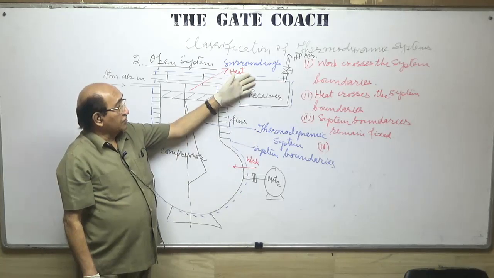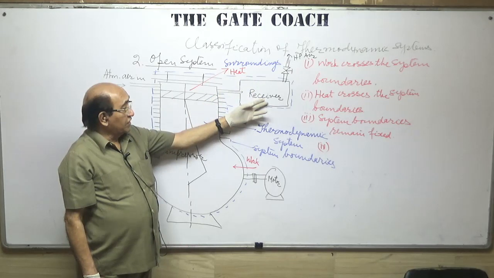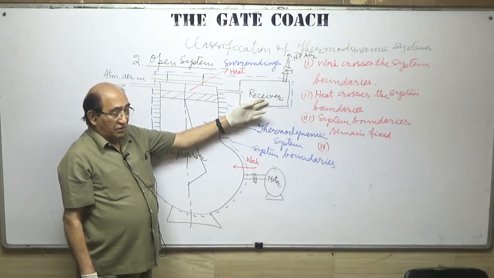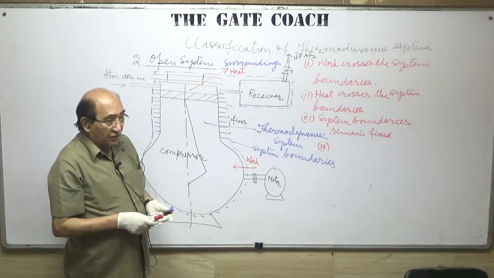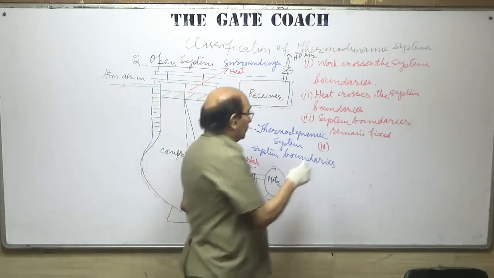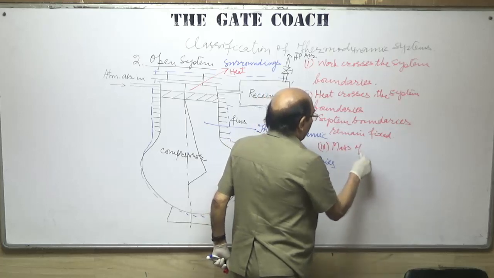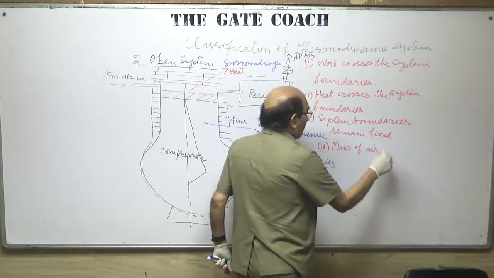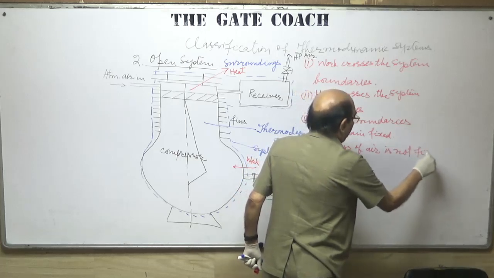Then a truck is there. That means at any state, the amount of air collected in the receiver is not fixed. It keeps on changing depending upon the frequency of the usage. So mass of air is not fixed.